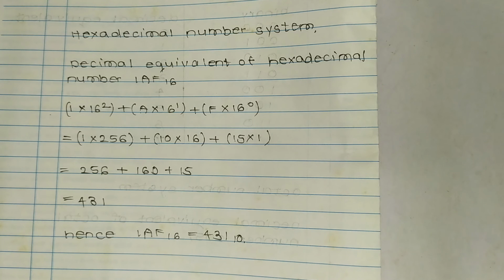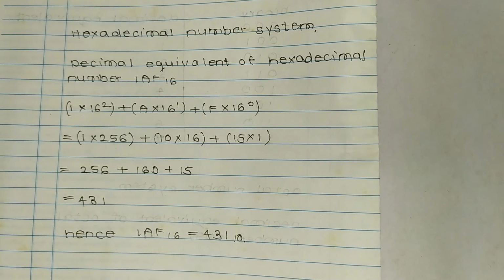Therefore, the decimal equivalent of hexadecimal number 1AF is written as 1 into 16 raised to 2 plus A into 16 raised to 1 plus F into 16 raised to 0, which is equal to 256 plus 160 plus 15, which is equal to 431. Hence 1AF base 16 is equal to 431 to the base 10.